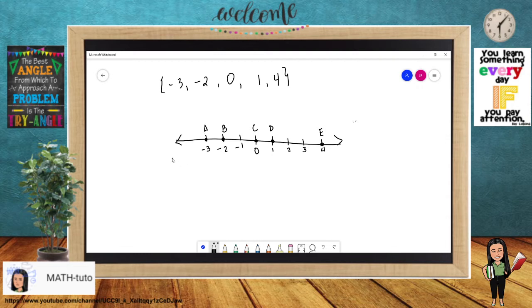Next, let's have another one. Number 2. Let us plot the point or sketch the number line of 4, 6, 10, 12, and 13. Actually, since you are the one drawing the number line, it is up to you to determine the interval. In the first example, since I have here negative 2, negative 3, that's why I set the interval as 1 for every line.